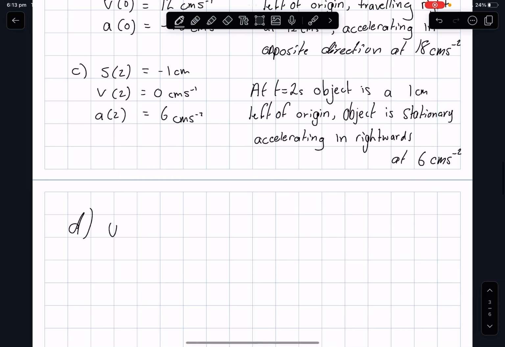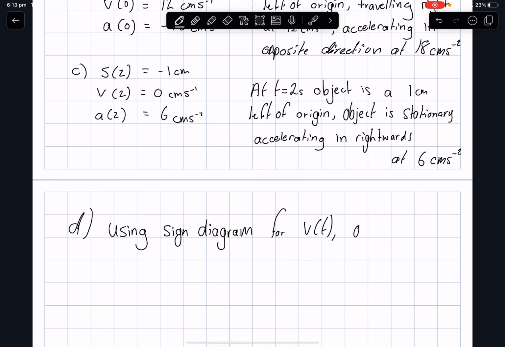So using the sign diagram for V of t, the object changes directions at t equals 1 and 2 seconds.